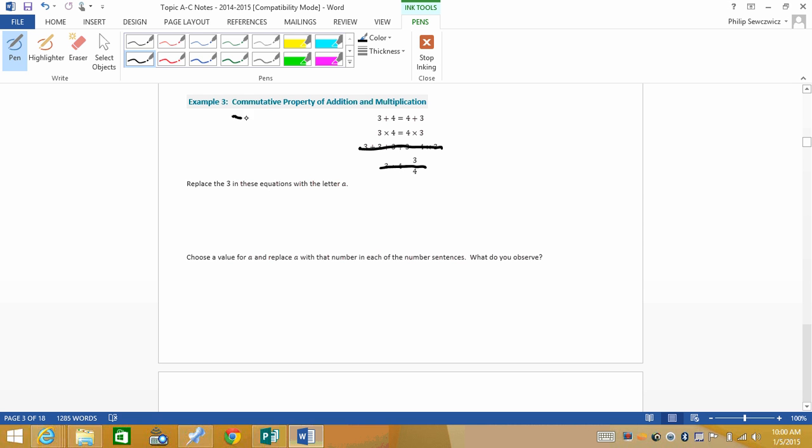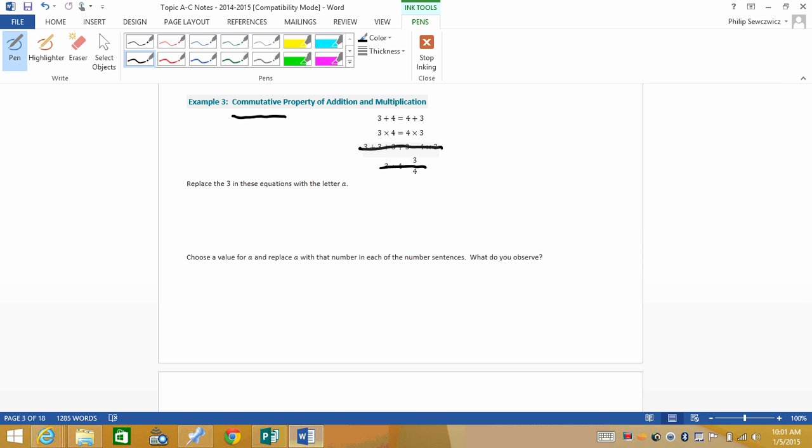We have another phrase, something called the commutative property, and it's for addition and multiplication. It simply says that if you flip the order, 3 plus 4 is the same as 4 plus 3, and 3 times 4 is the same as 4 times 3. When you add and multiply, the order doesn't make a difference.